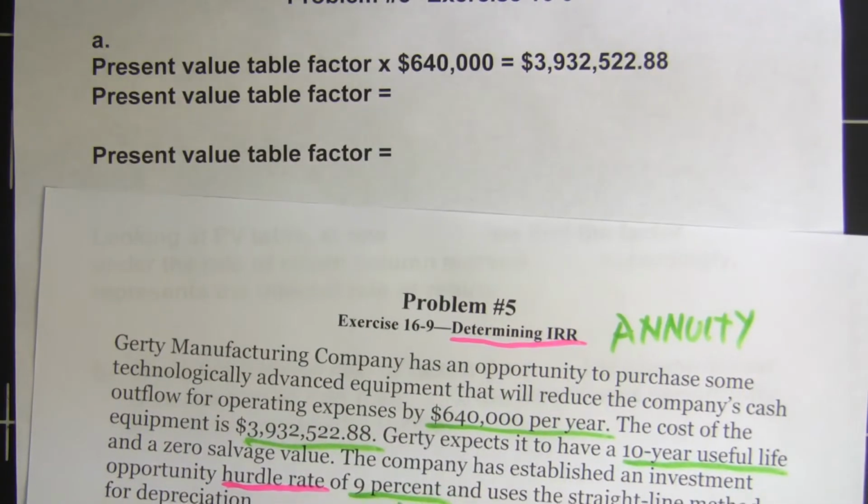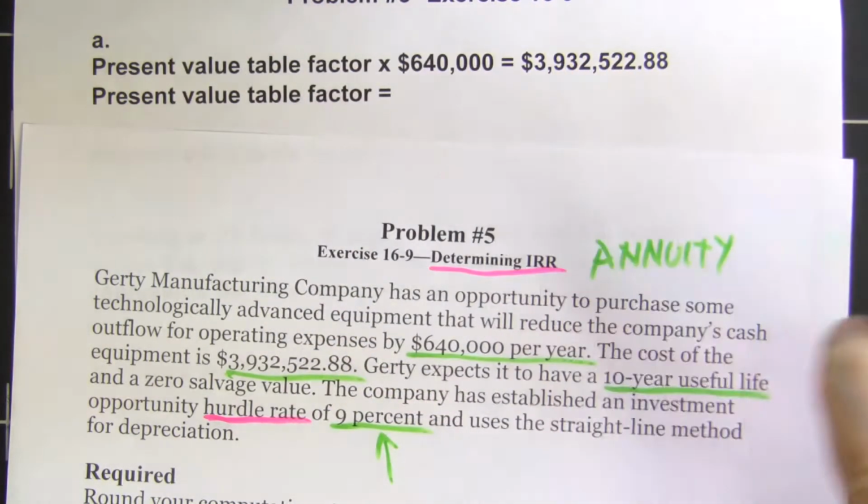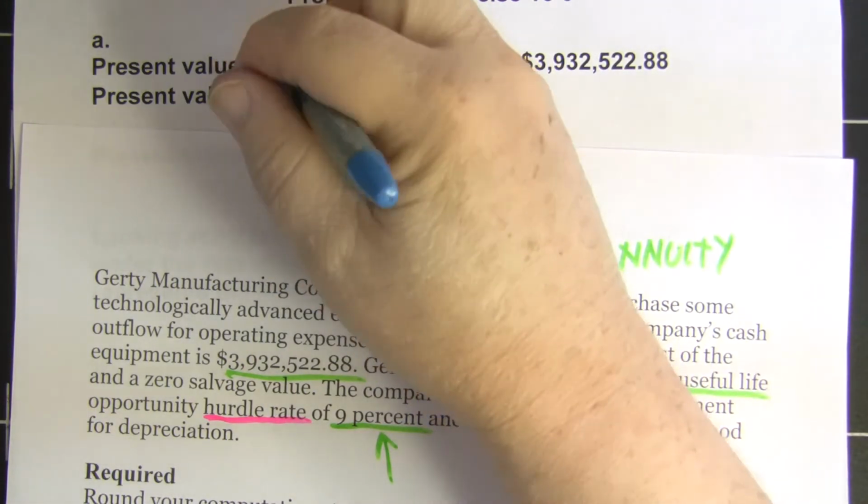So, to get that, we would use the present value of an annuity. That's the table we're going to look at.